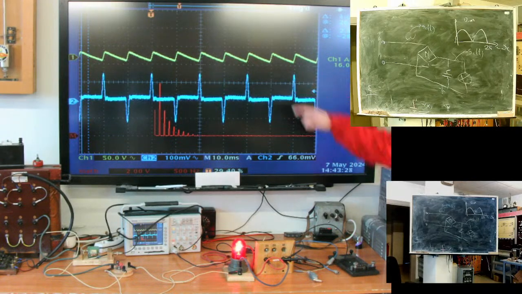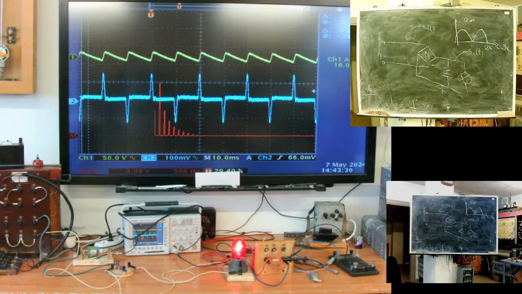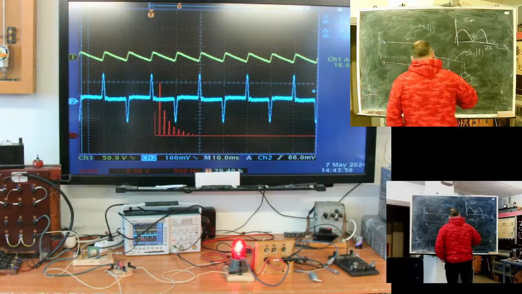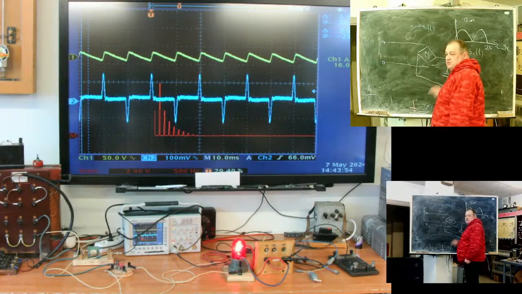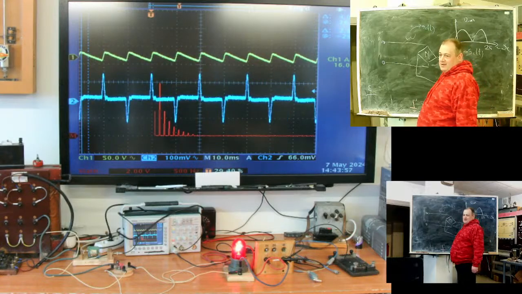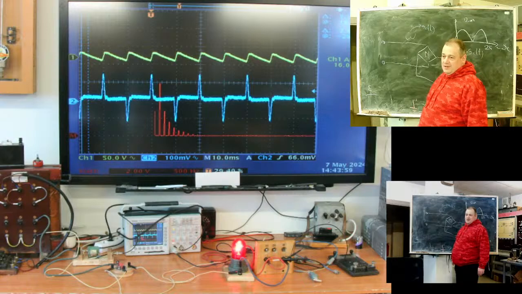The filter capacitor charges and discharges. Who saw the yellow line? No one. Seeing it where? In your electronics course. Rectifier with a filter. Yeah, that's a filtered output.